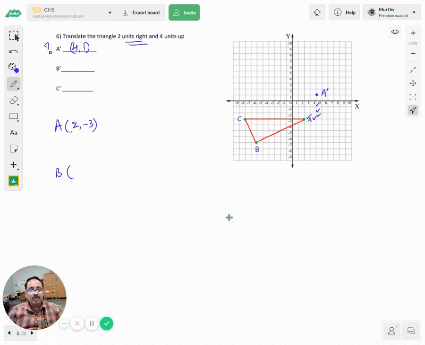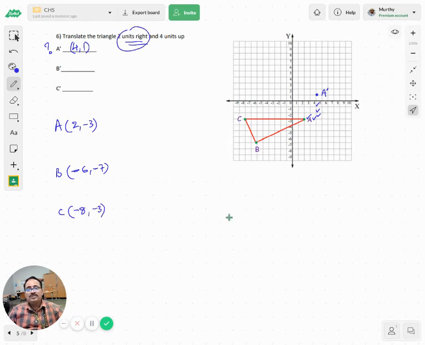So this is going to be -6, -7. Point C is -8, -3.